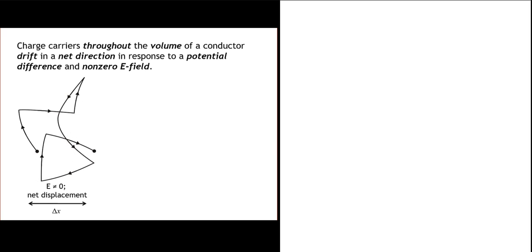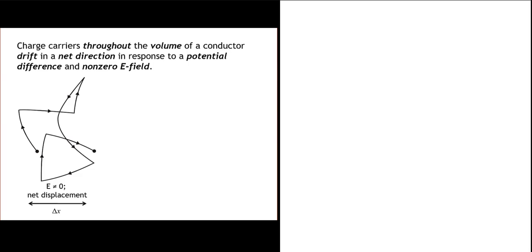Now, if we establish a potential difference, remember, establishing a potential difference means that we're going to have a non-zero electric field throughout that conductor. So charge carriers throughout the volume of a conductor drift in a net direction in response to a potential difference and non-zero electric field.